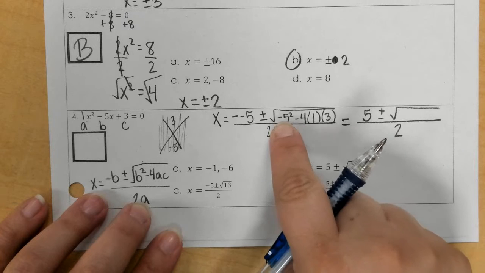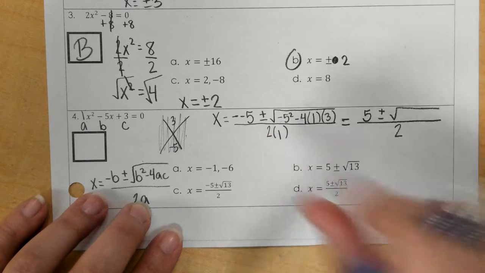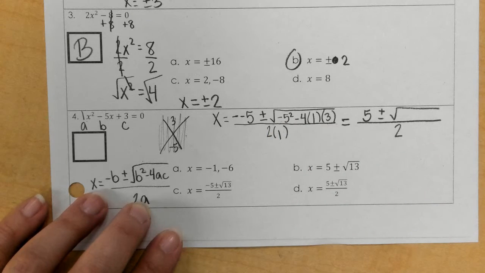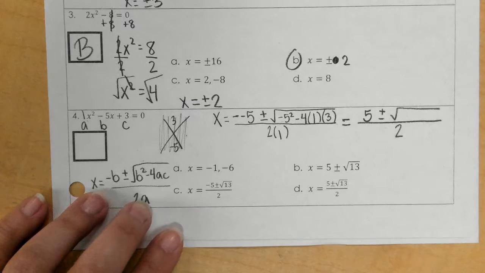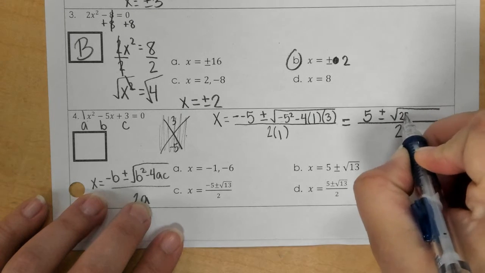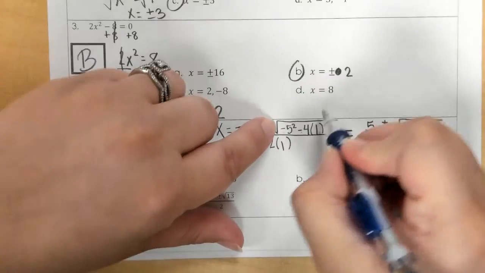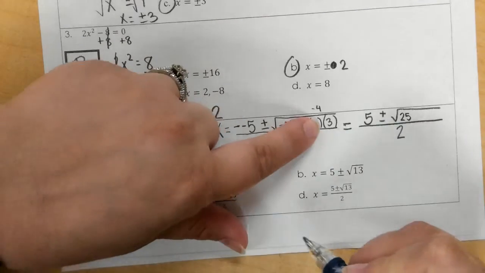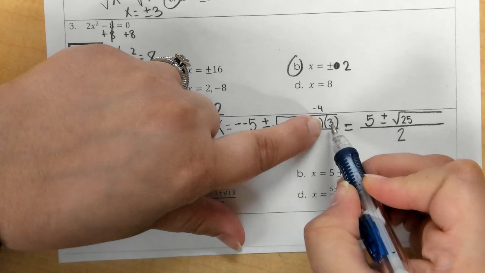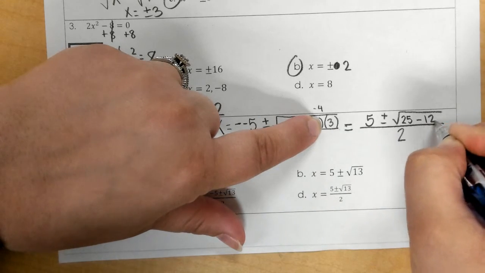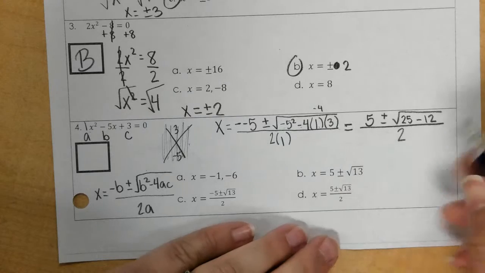Negative 5 squared is negative 5 times negative 5. That is 25. Then we have negative 4 times 1, and that is negative 4, so I get rid of that. And then negative 4 times 3 is negative 12. Okay?